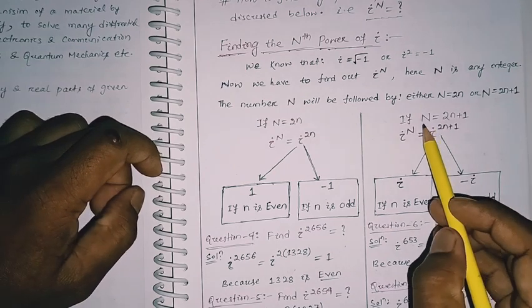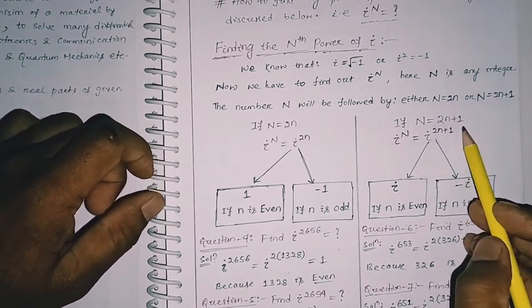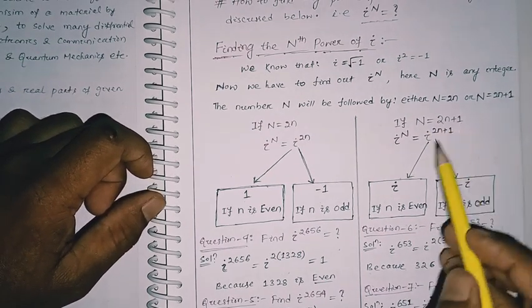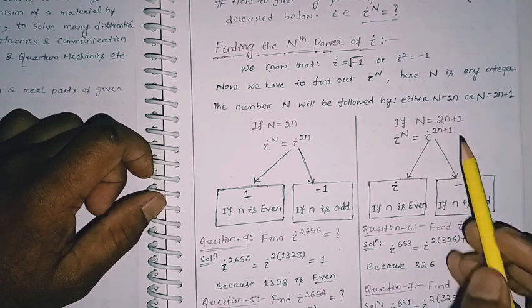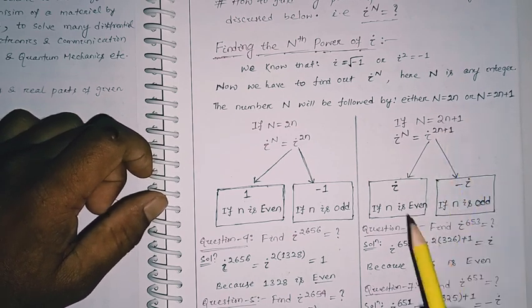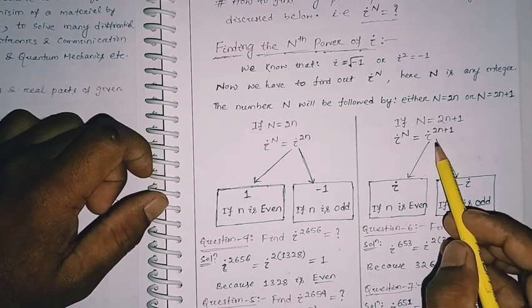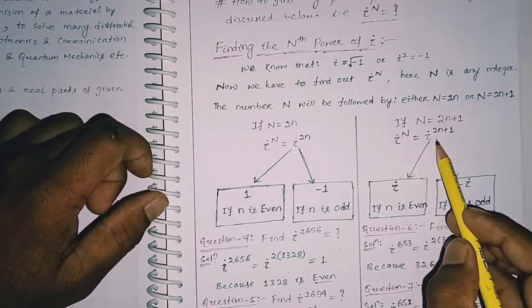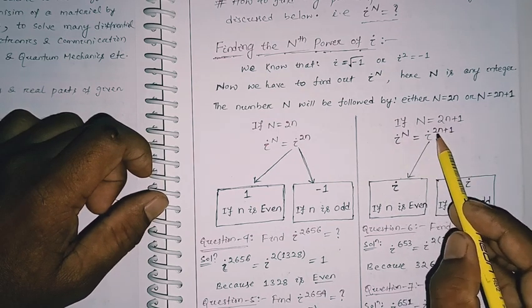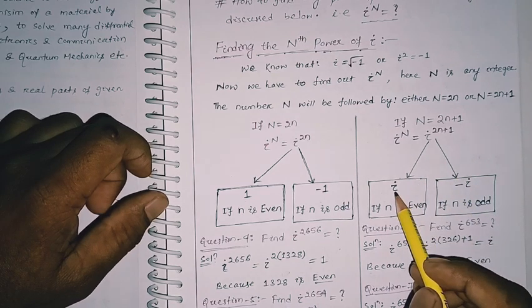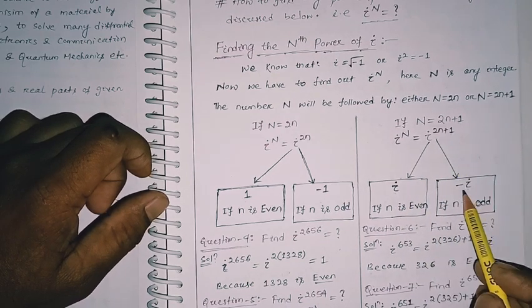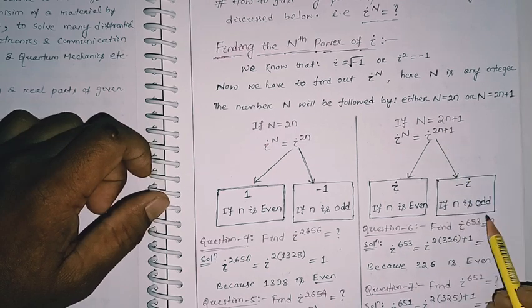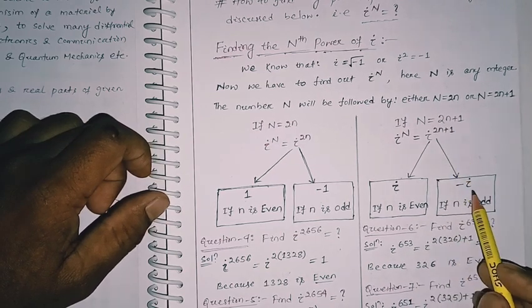Likewise, if n is written in 2n plus 1 format, then i to the power n will be i to the 2n plus 1. If this small n is even, the value will be i, and if this small n is odd, then this value will be minus i.